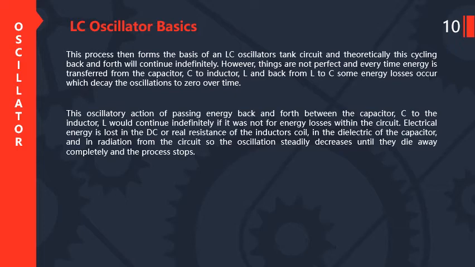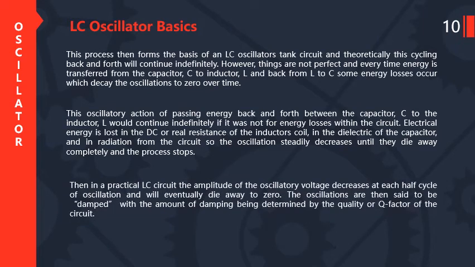Electrical energy is lost in the DC or real resistance of the inductor coil, in the dielectric of the capacitor, and the radiation from the circuit, so the oscillations steadily decrease until they die away completely and the process stops.